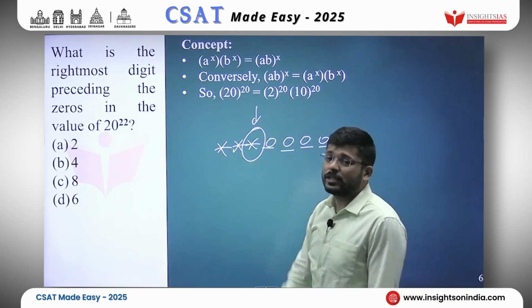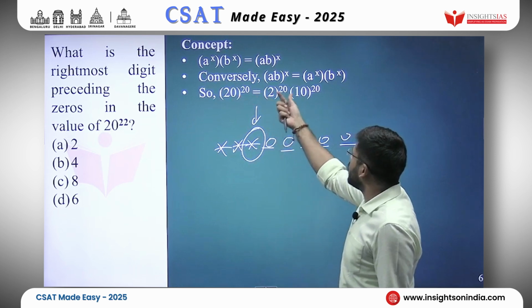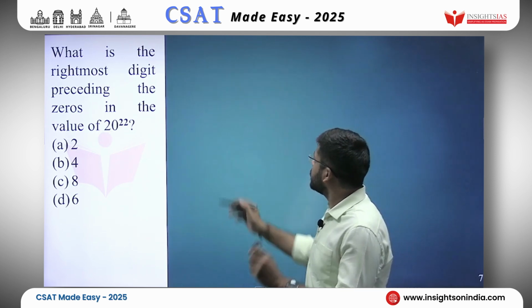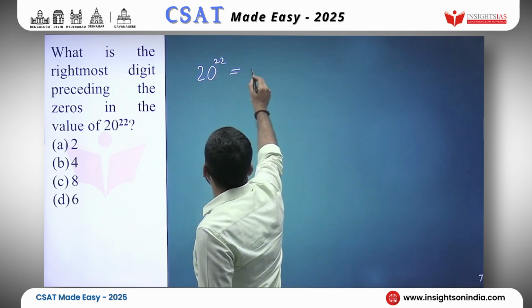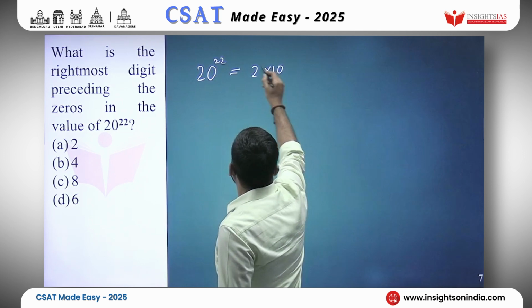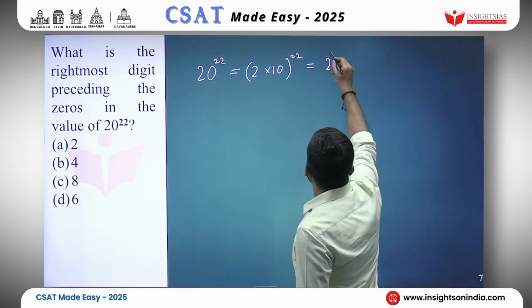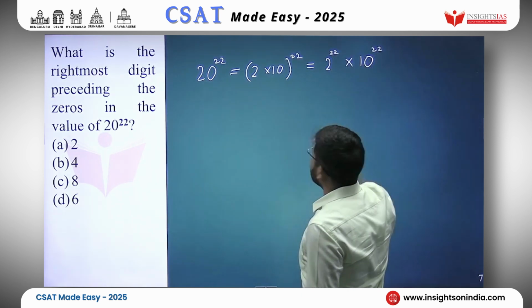So let's split this 20. 20 to the power of 20 would have been 2 power 20 into 10 power 20. The same way, 20 to the power of 22 is 2 into 10 to the power of 22, so we can express this as 2 to the power of 22 into 10 to the power of 22.